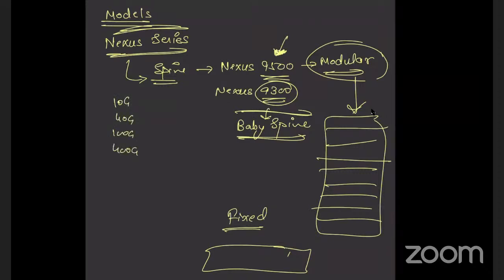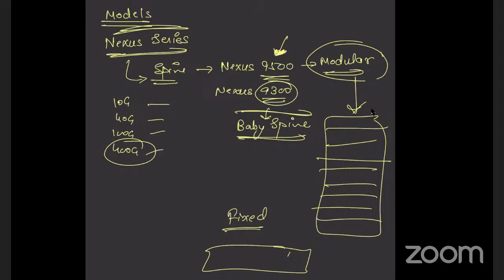This is the switching capacity, or the bandwidth, they can go up to. These devices we use in the spine layer, and these are your switches.